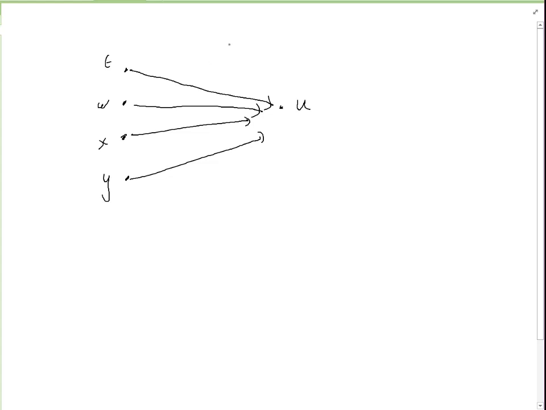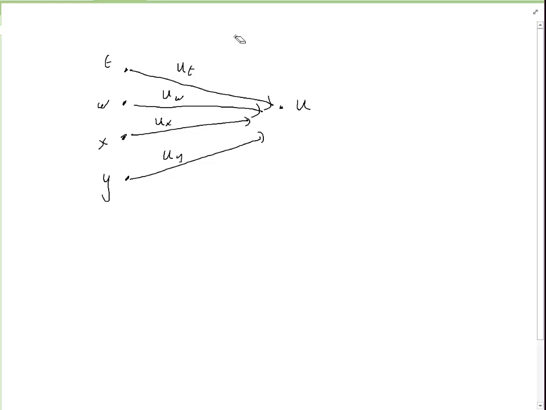So what you're putting in here, by putting these partial derivatives in, you're putting in the partial derivative of u with respect to t, with respect to w, with respect to x, and with respect to y.